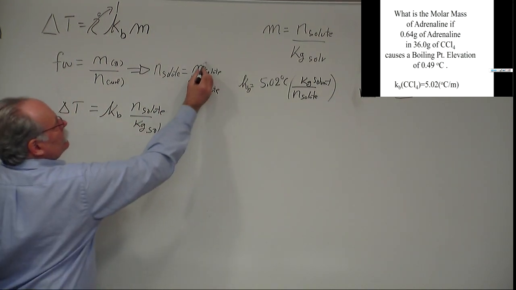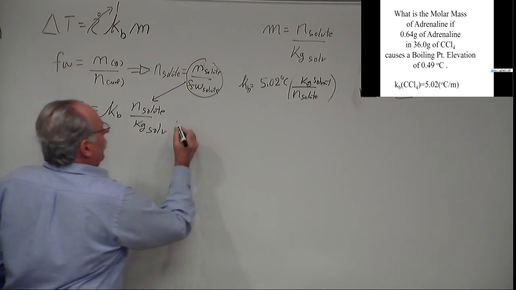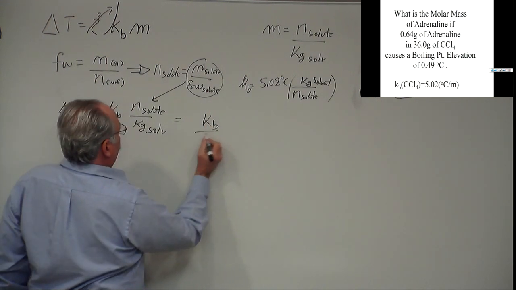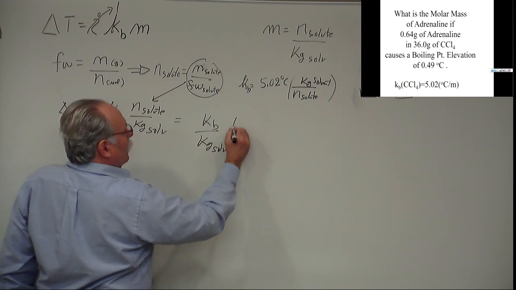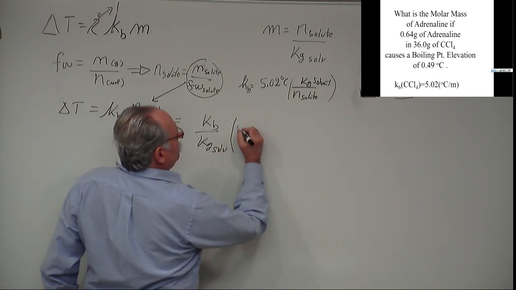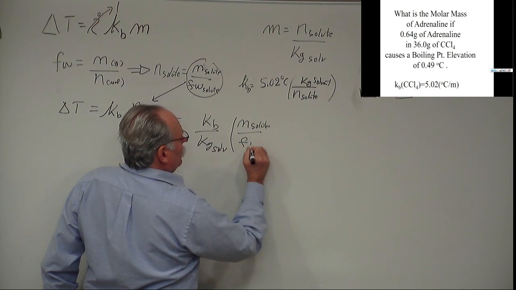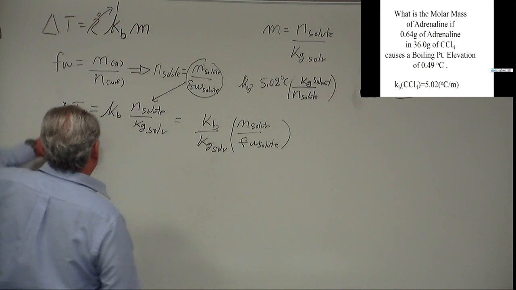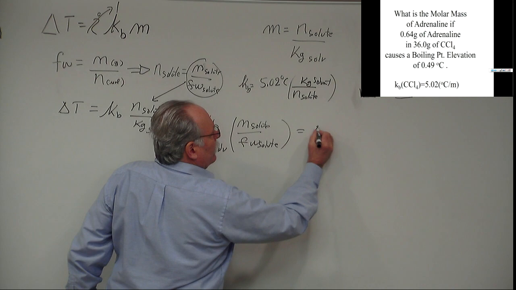Now I can substitute this, which is n, into here, and I get Kb from here, and I'm just going to write over kilogram solvent times the mole solute, which is the mass of the solute per the formula weight of the solute, okay? And that's all equal to delta T. So I want to solve, I'll just write over here equals delta T.